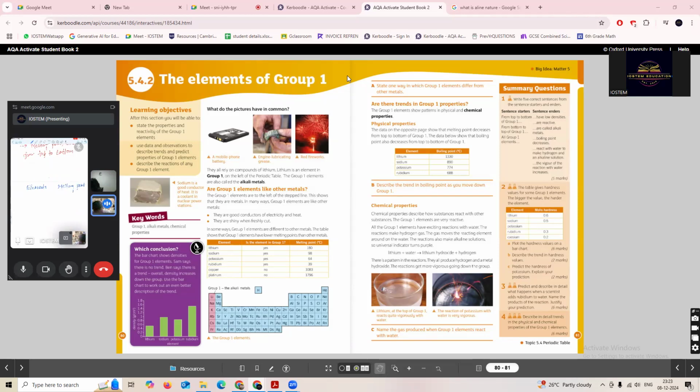Also, from top to bottom, they get less vigorous.